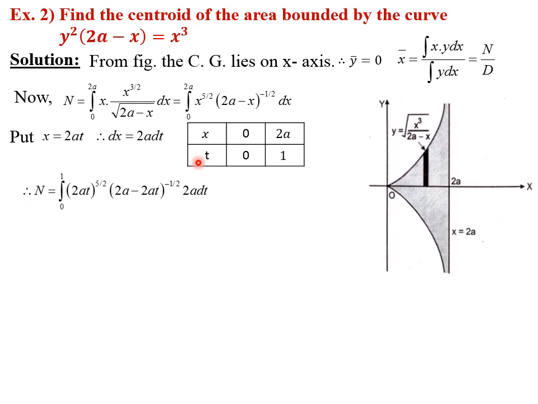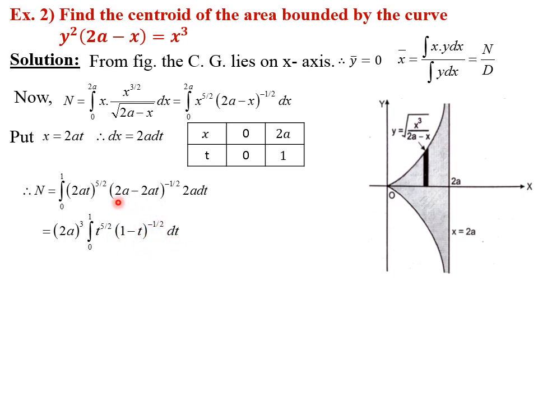Using these substitutions, our value of capital N becomes integration from 0 to 1 of (2at) raised to 5 by 2 into (2a minus 2at) raised to minus 1 by 2 into 2a dt. After taking the complete 2a term common, we get 2a raised to power 3 integration from 0 to 1 t raised to power 5 by 2 into (1 minus t) raised to minus 1 by 2 dt.